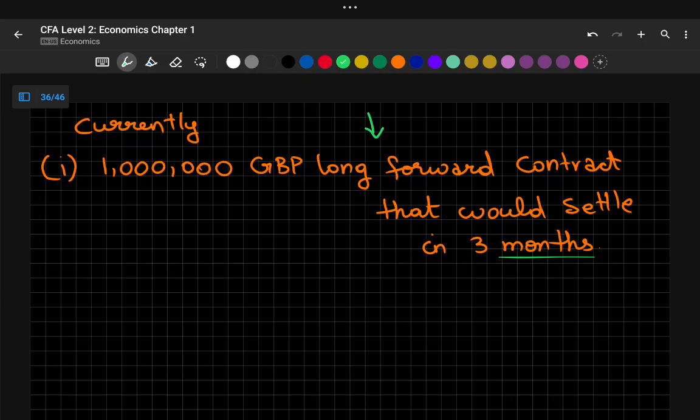Instead, I have to look at it based on the settlement date. Hence, I'm only looking at the duration left for the contract to settle, that is 3 months. Now, the offsetting contract would be opposite of the contract that she currently holds.